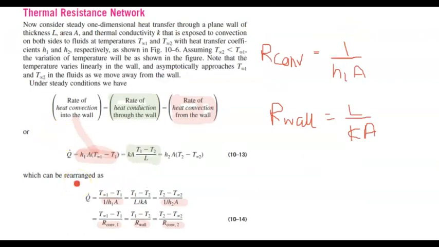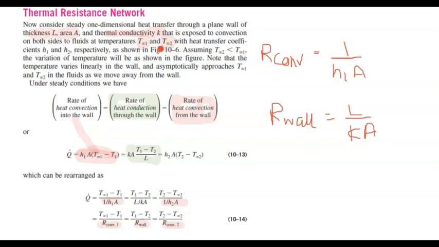Now let's assume we've got a wall of thickness L. The area of the wall is A. The thermal conductivity of the wall is K. And it's exposed to convection on both sides, the inside and the outside. We know the temperature inside is T infinity 1 and the temperature outside is T infinity 2.